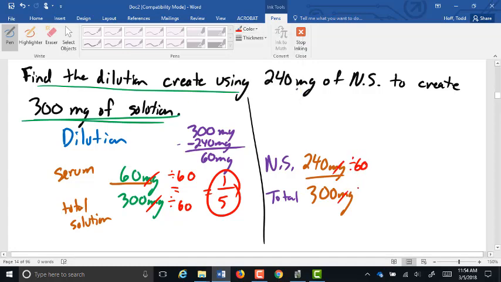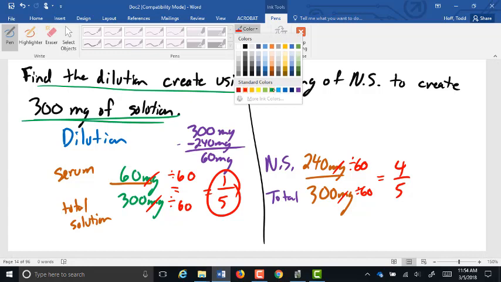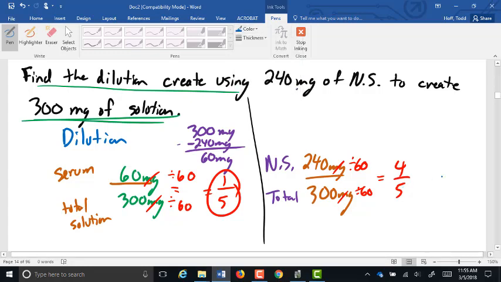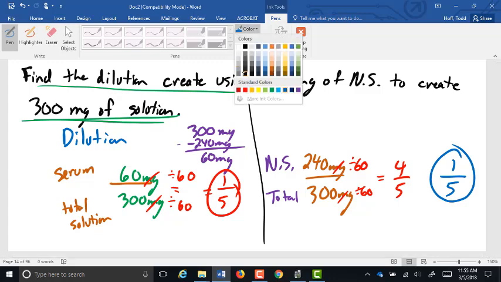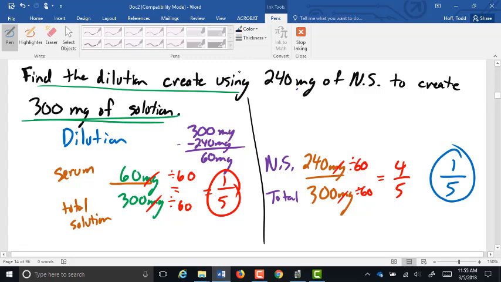Well, they're both still divisible by 60, giving us a 4 in 5 ratio of saline to total. And then converting that ratio, there's 5 total parts. If 4 of them are saline, 1 out of the 5 has to be serum. So as you can see with these dilutions, there's multiple ways of maneuvering to get to the final answer.